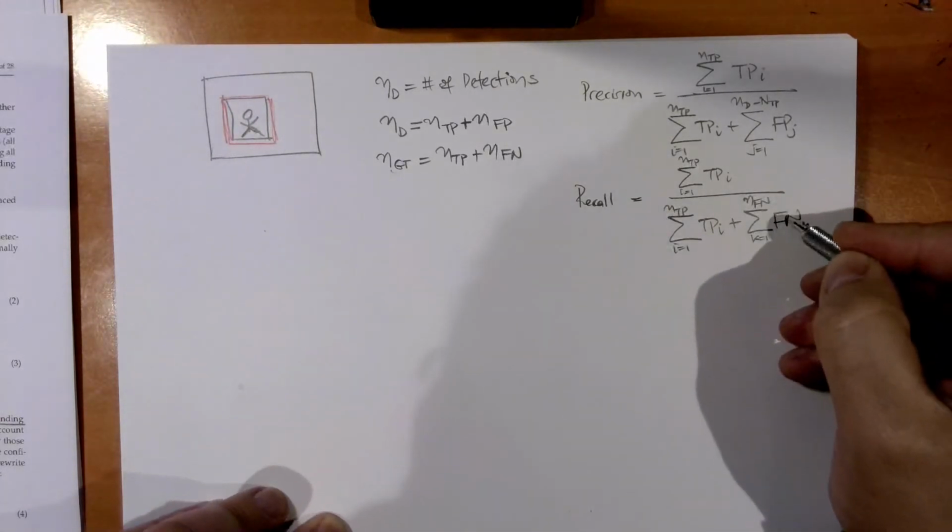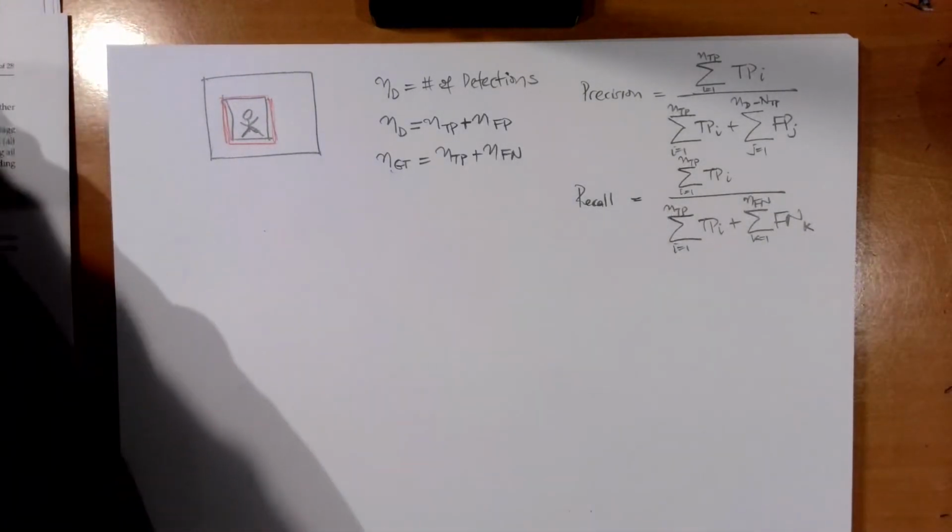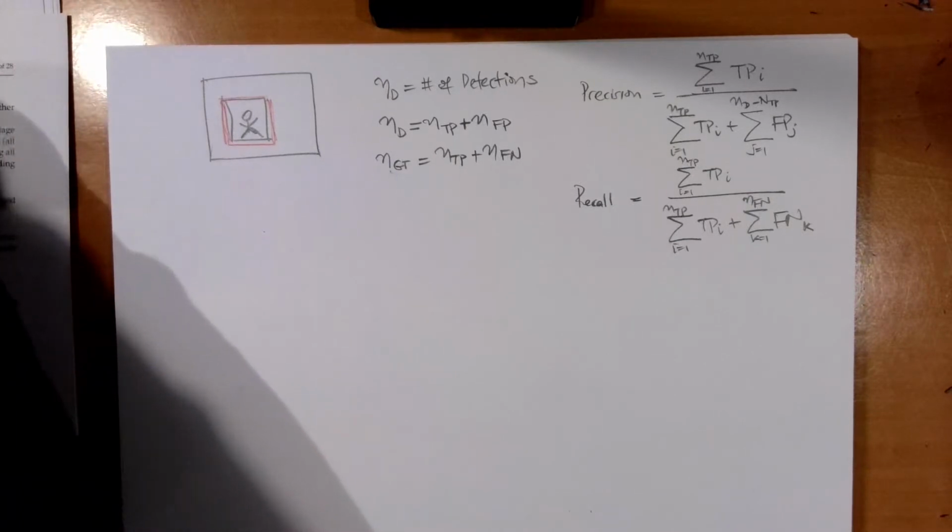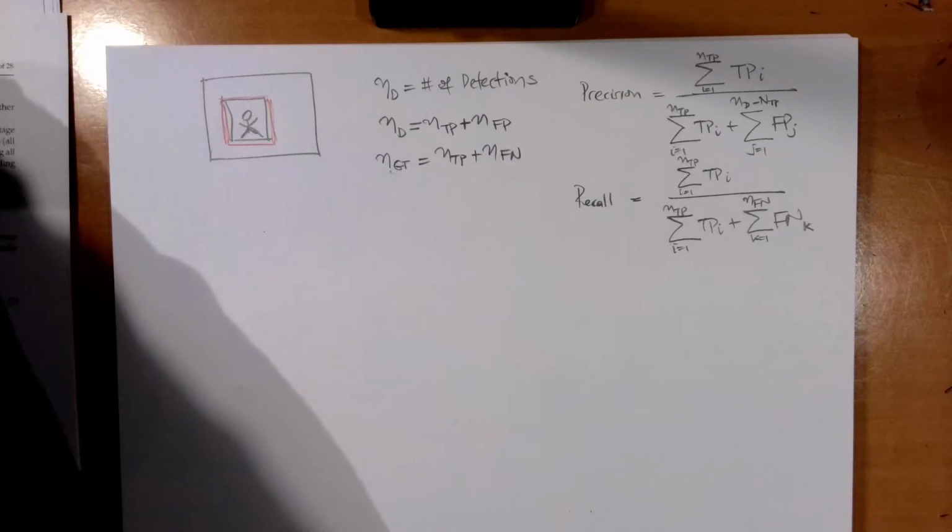And now we are done. We have written down these two relationships that we need to process to understand how we can move in the direction of calculating this metric.